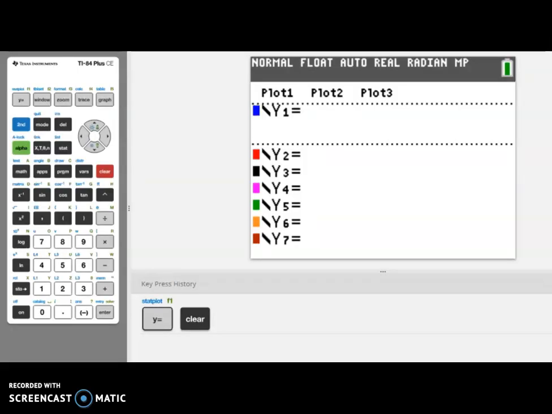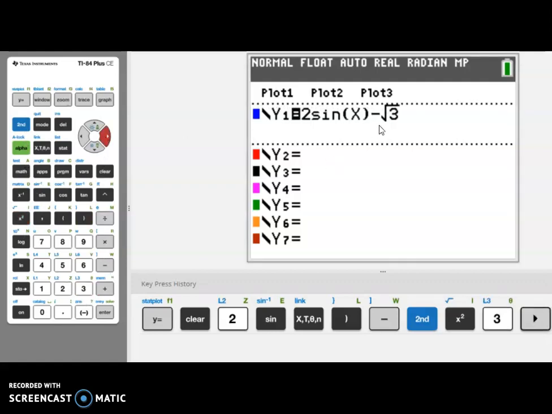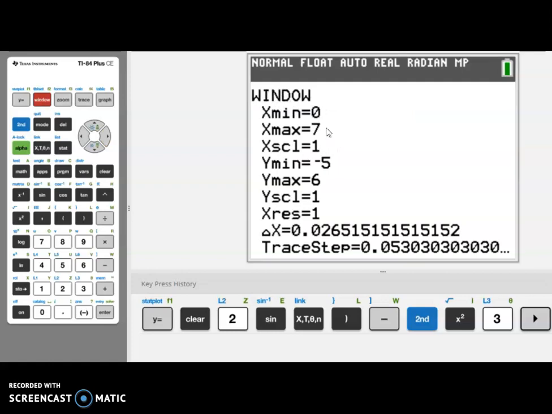Here we're in the graphing calculator app. It should look like what you have. We're going to put the function in. The original function was 2 sine x minus square root of 3. If you have not adjusted your window like we did in class, I would do 0 to 6.5.